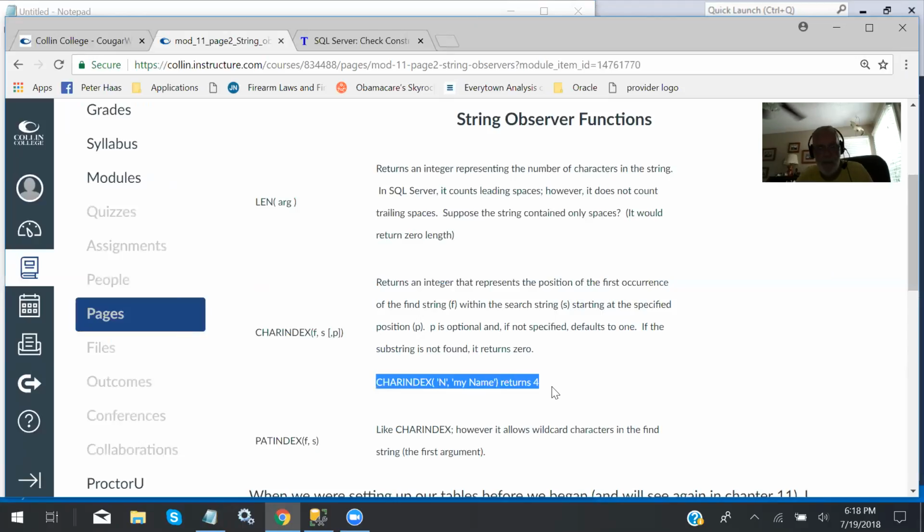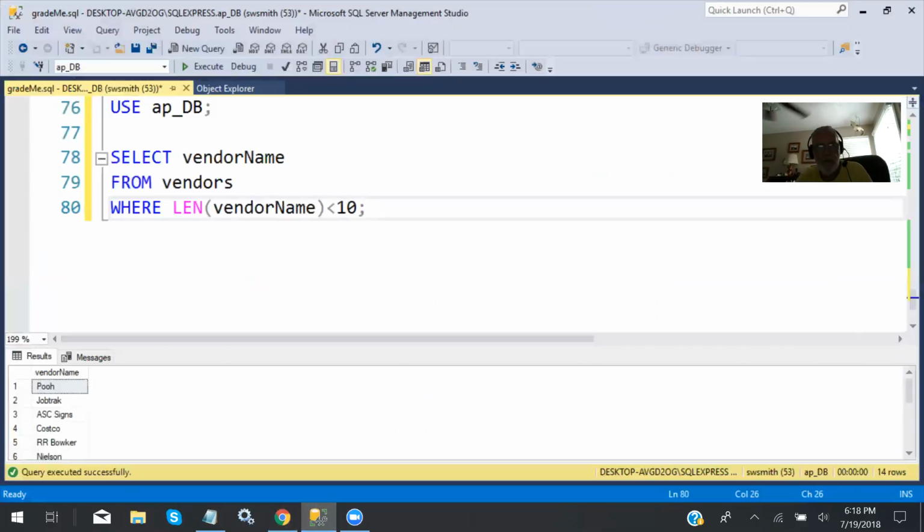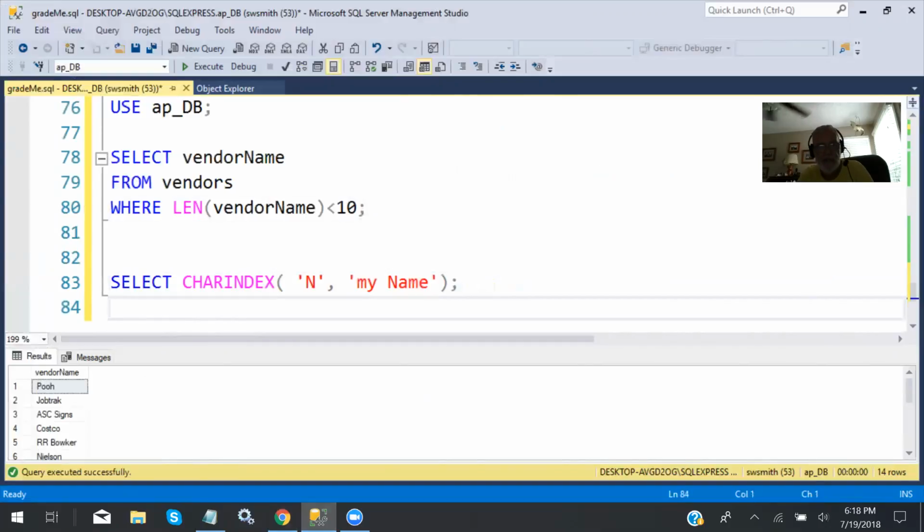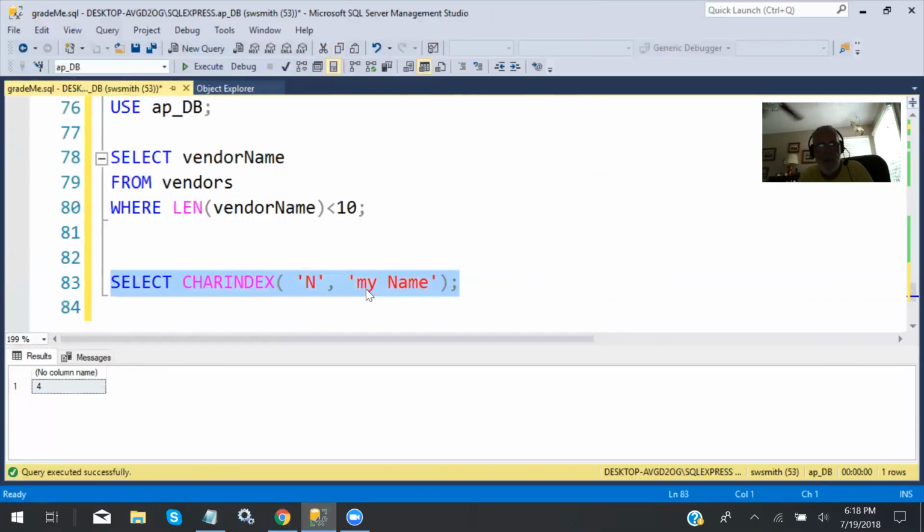So for example, copy. If I want to see something like that, I expect to see, when I execute this statement, select char index n within my name, a 4.